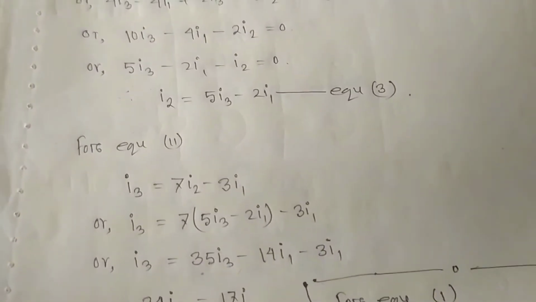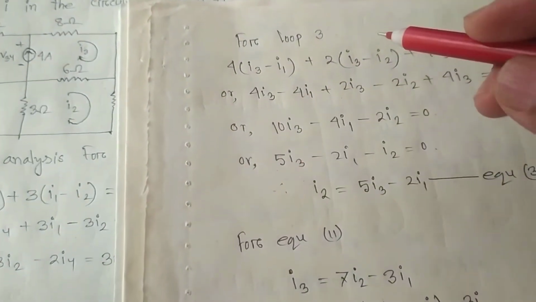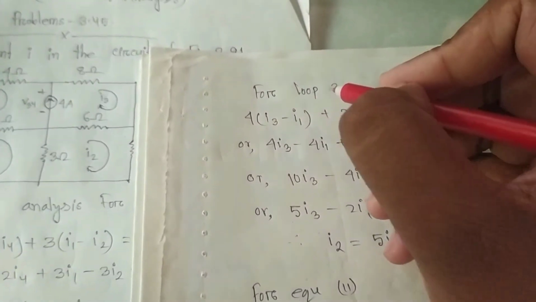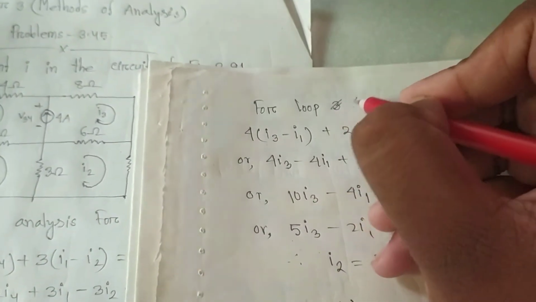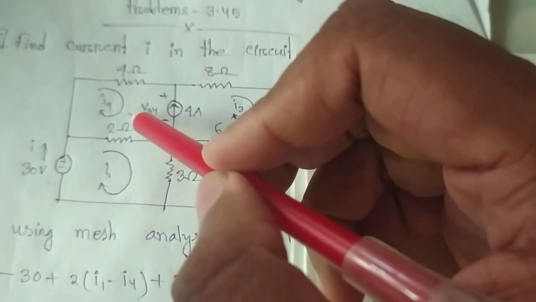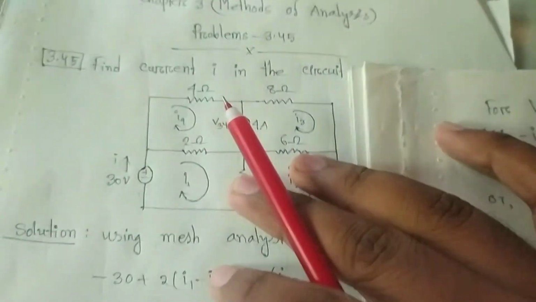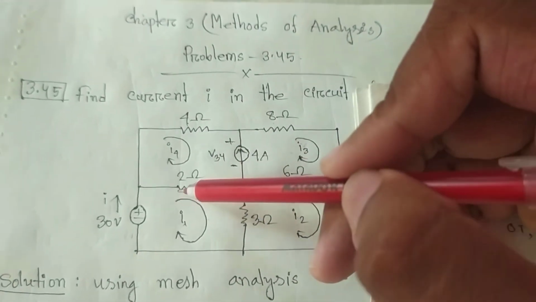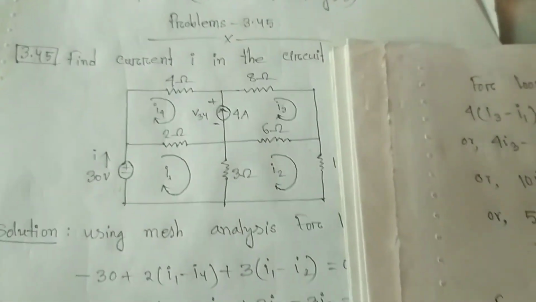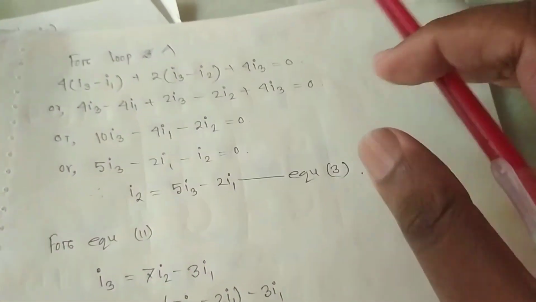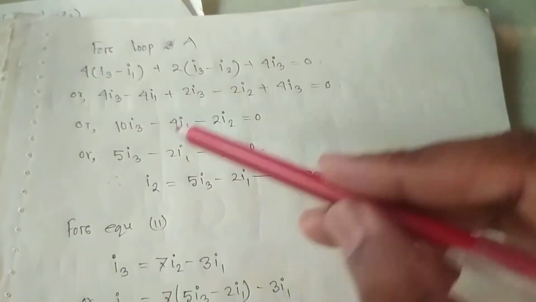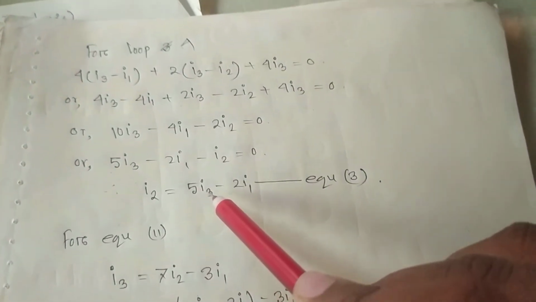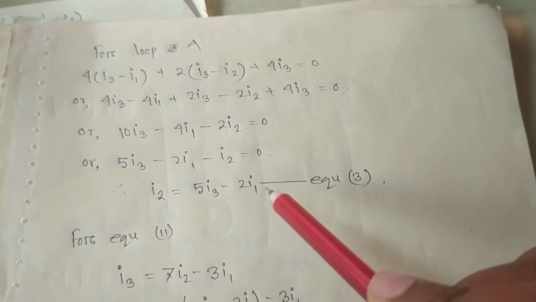Next, for loop 4: 4 I4 plus V34 plus 2(I4 minus I1). Easily calculate this relation for loop 4.